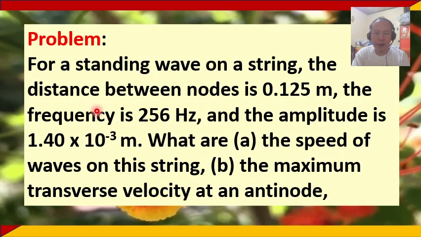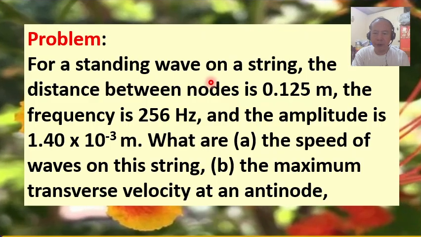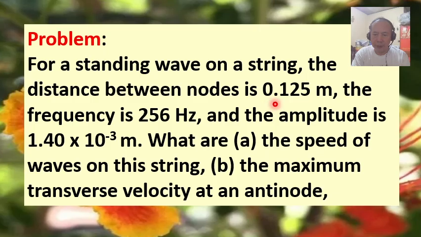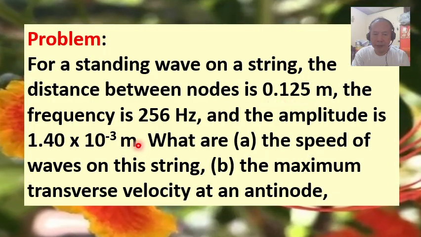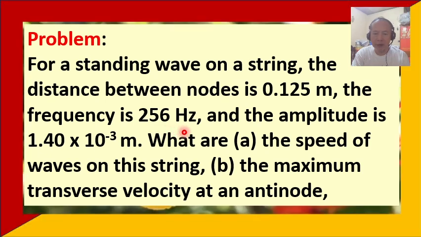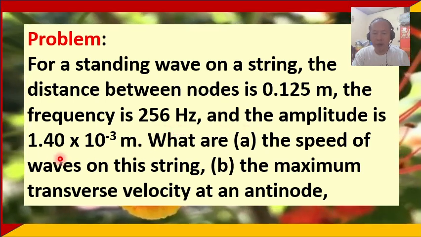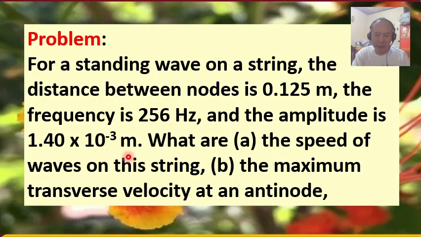And here's the question. For a standing wave on a string, the distance between nodes is 0.125 meters. The frequency is 256 hertz, and the amplitude is 1.40 times 10 raised to the negative 3 meter.